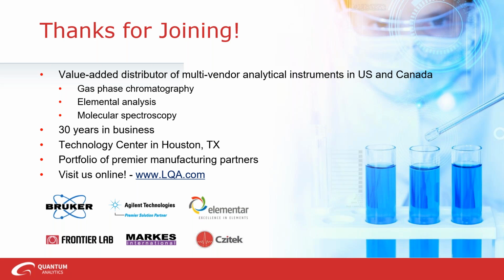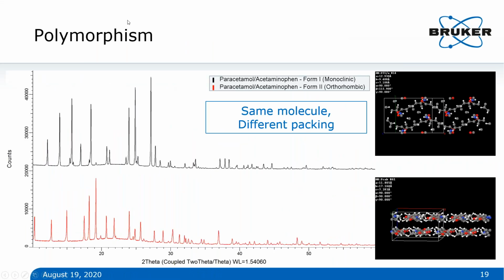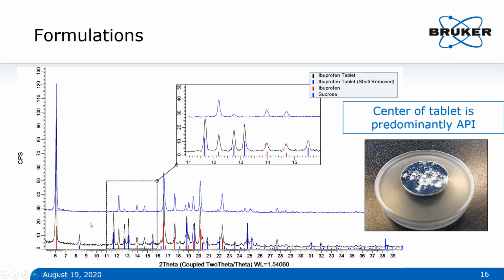So if we come back to, say, this example, these two patterns could then serve as references for comparing batches of acetaminophen, right? It's possible within EVA to simply overlay patterns like this, and then you could stack them in, say, a waterfall plot or this offset plot. So you add a little bit of a Y offset for clarity.